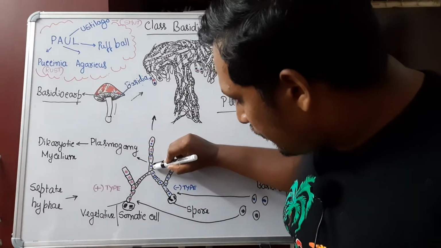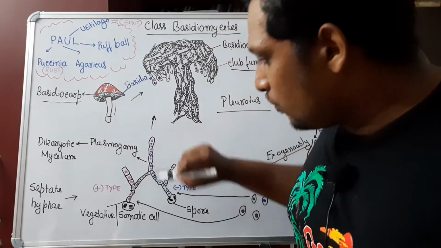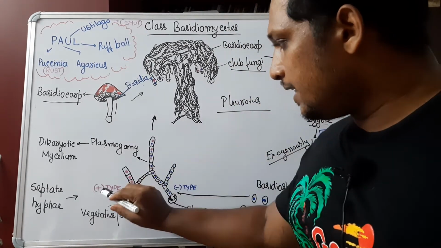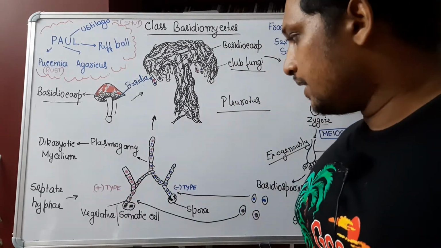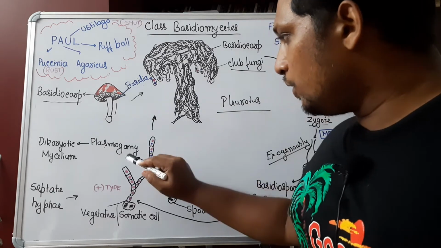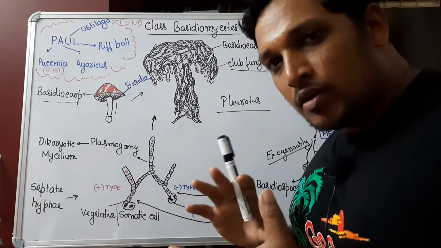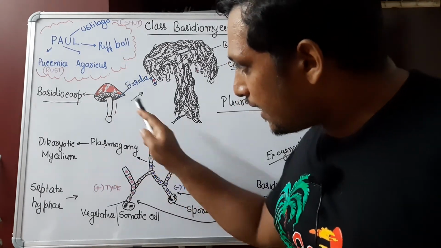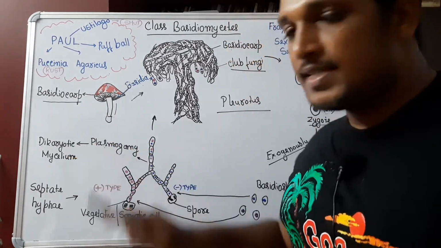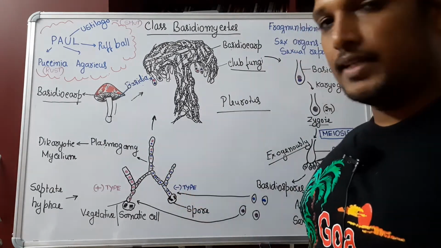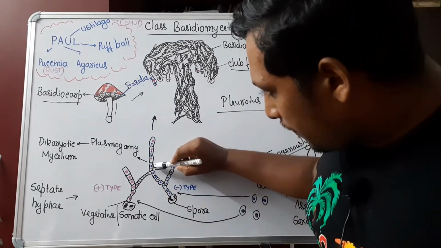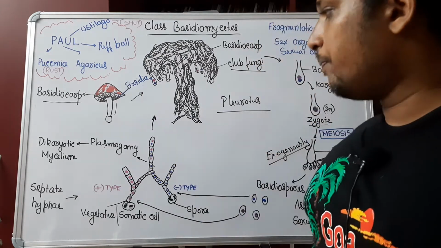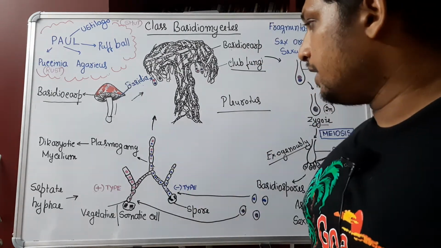Now this hyphae will show two nuclei, one from the minus strain, another from the plus strain. Hence, hyphae having two nuclei, formed because of fusion of cytoplasm, is known as plasmogamy, and that hyphae containing two nuclei is known as dikaryotic mycelium. You can observe here the blue colored one and the pink colored one, dikaryotic stage.